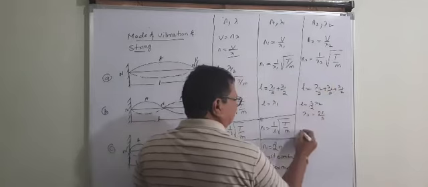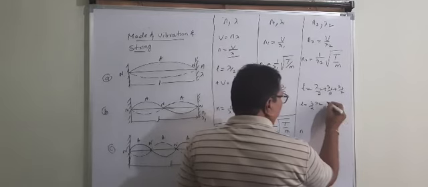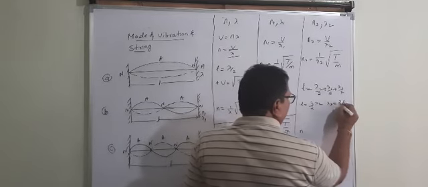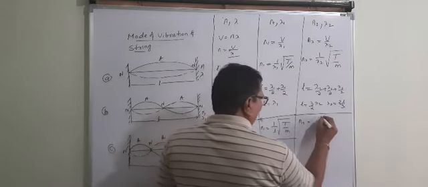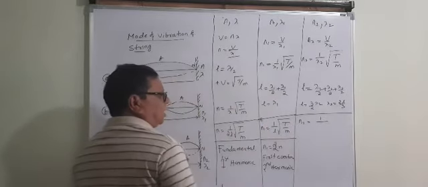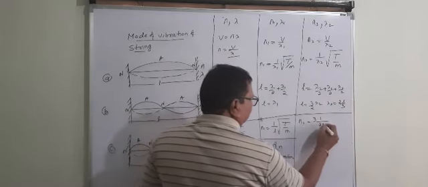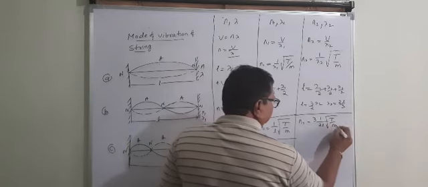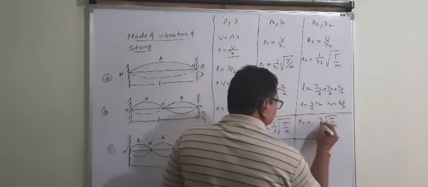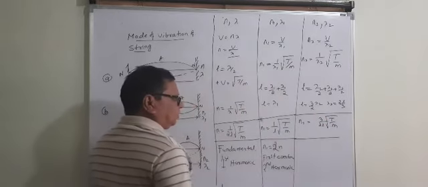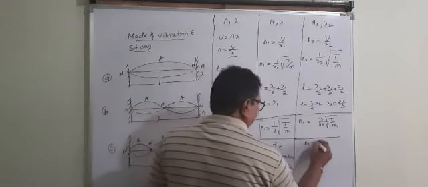Substituting in our equation, we get n2 is equal to 1 upon lambda 2, where lambda 2 is equal to 2L by 3, so n2 is equal to 3 upon 2L under root T by m. If you compare this equation to the fundamental frequency, we get n2 is equal to 3n.